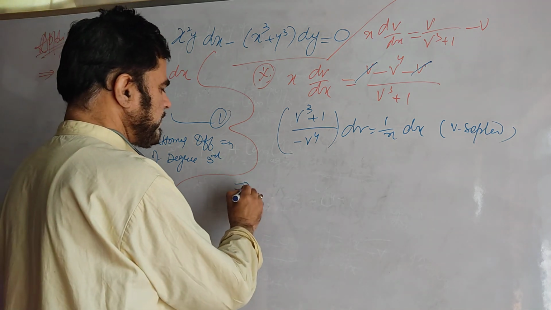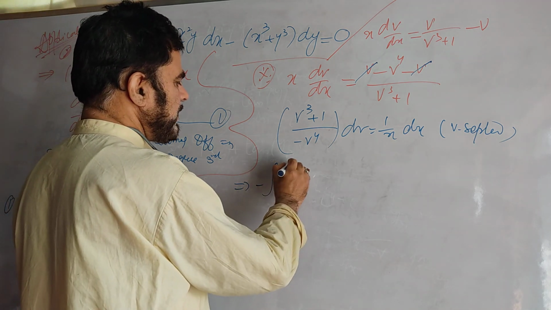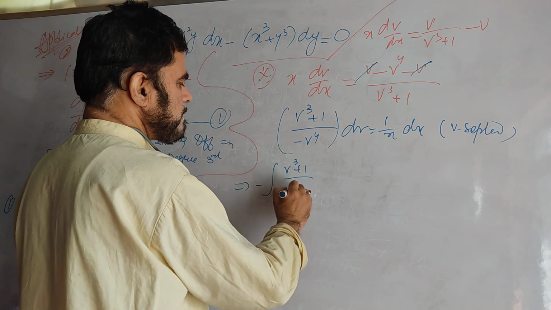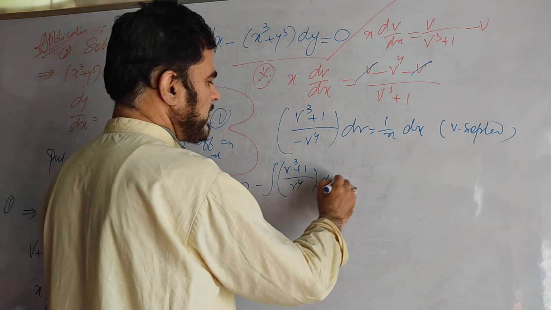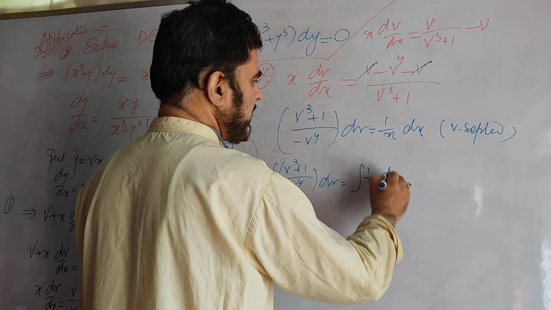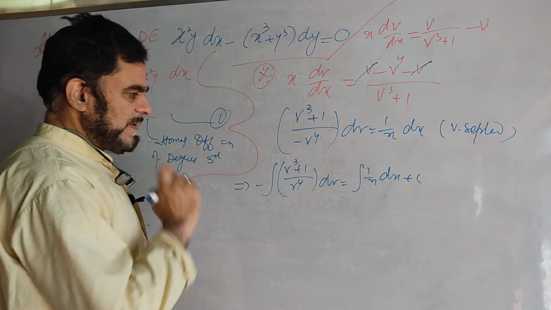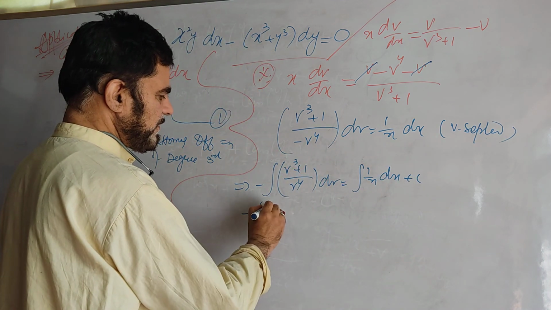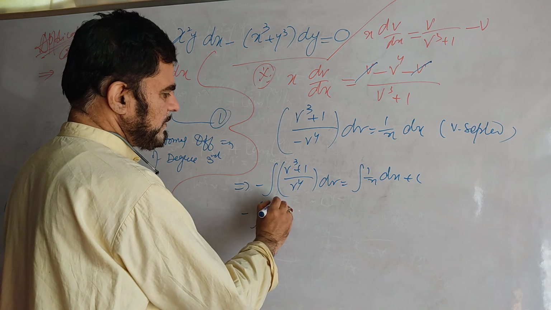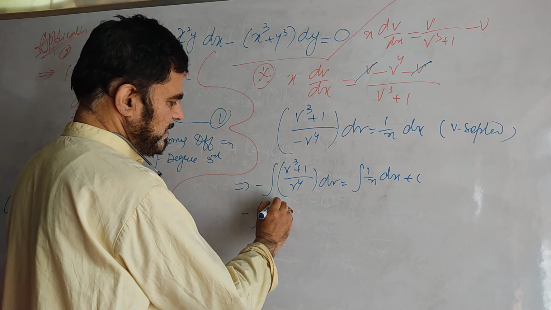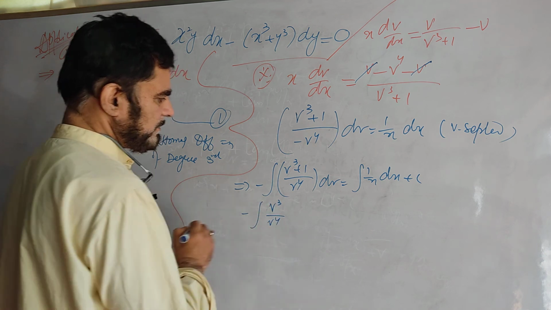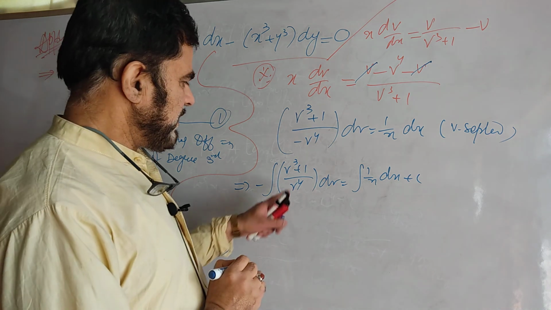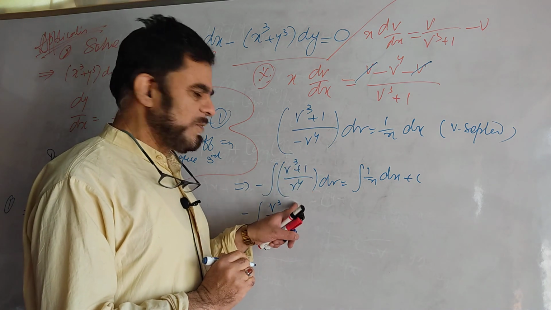So the integral is minus times the integral of (v cube plus 1) by v to the 4 dv, equal to the integral of 1 by x dx plus c. You can write it this way: v cube by v to the 4, because if it would be v to the 4 here and v cube here, we have to divide.